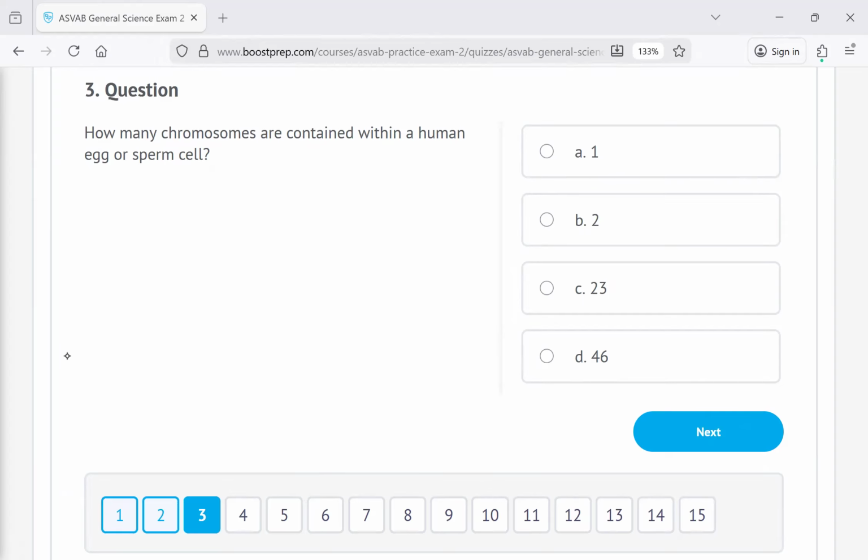It would be 23. As I said before, I'm not a biology teacher, I'm a math tutor. So it's just something you have to know for the exam. So C.